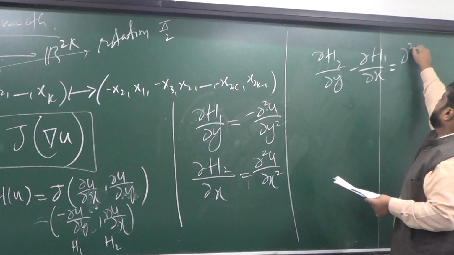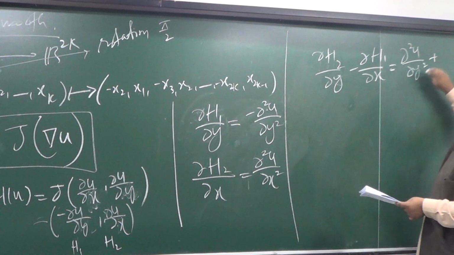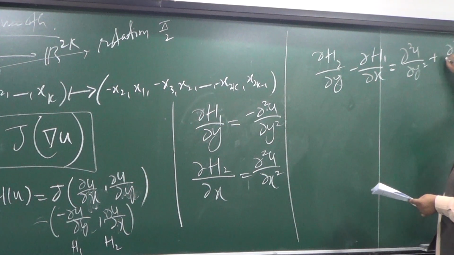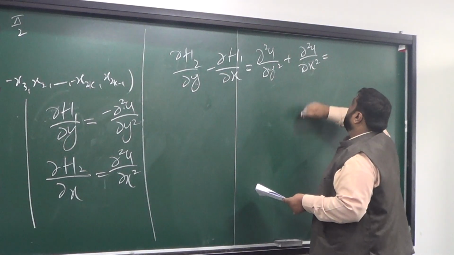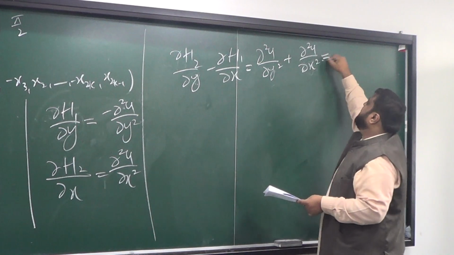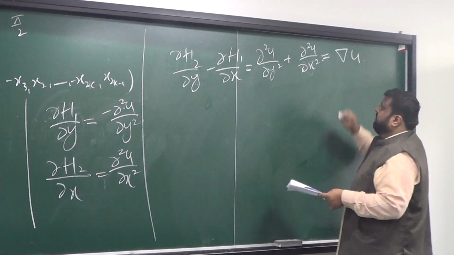It's going to be partial 2u by partial y2 plus partial 2u by partial x2, and we give this quantity a name. It's called the Laplacian of u.